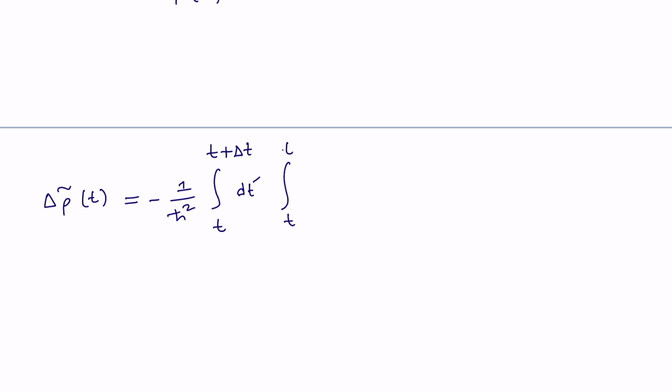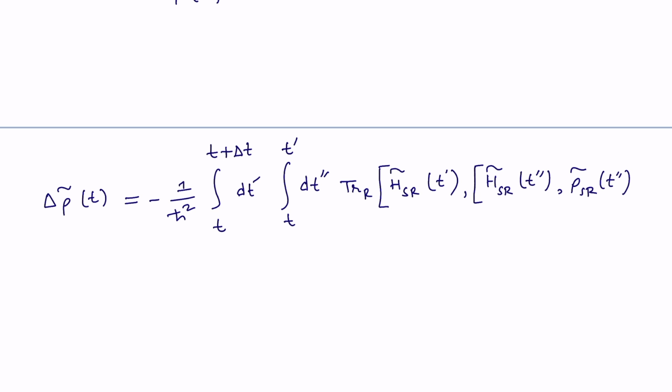If I utilize it, I can rewrite the above equation in this form: delta rho tilde t is equal to 1 by h bar square, integration from t to t plus delta t dt dash, integration from time t to t dash dt double prime, trace over the reservoir of h tilde SR at t dash and the commutation of h tilde SR at t double prime with rho tilde SR at t double prime.